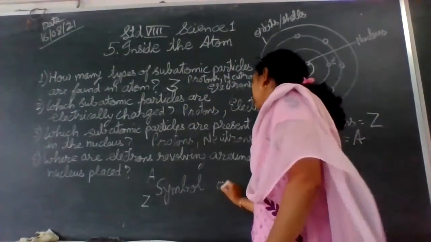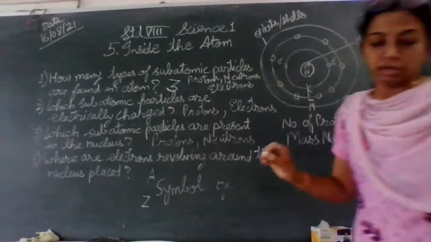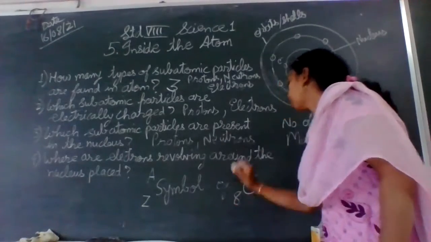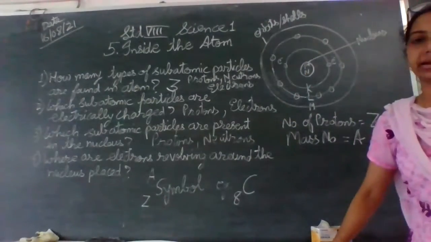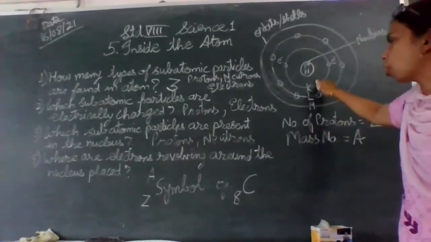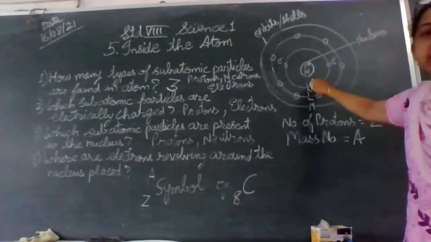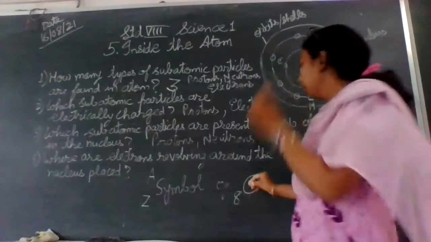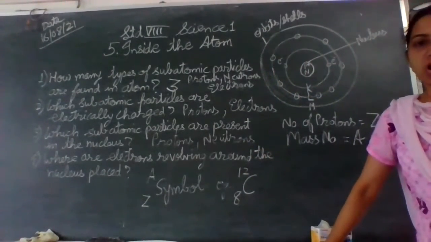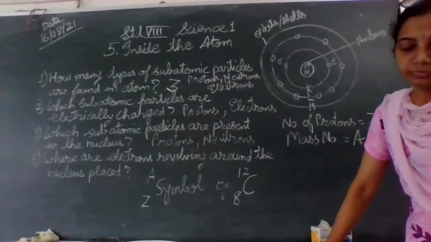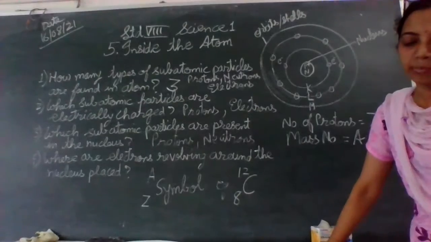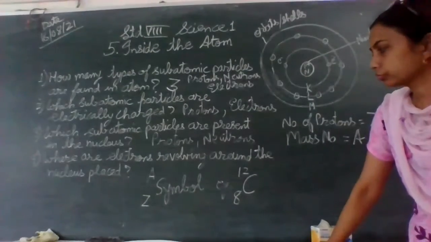For example, we can take carbon. Carbon has 6 protons in an atom, and the atomic mass number includes protons and neutrons. It will be 12 in some of the isotopes of carbon. Here the atomic number, that is the proton number of carbon, is 6.